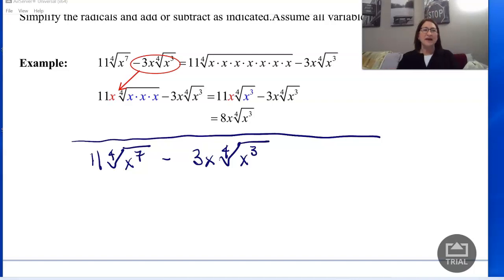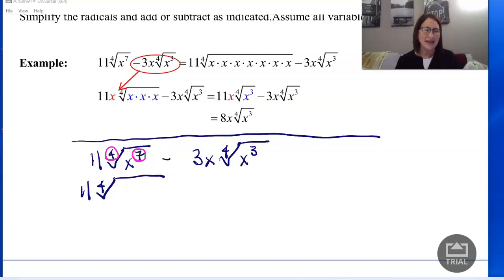Okay, let's start with that 11, that first term. First thing I notice is that my exponent is larger than my index. So I want to use the multiplication property to rewrite the radicand. So I'm going to leave the 11, I'm going to leave the index of 4, and then I'm going to take that radicand and break it up.